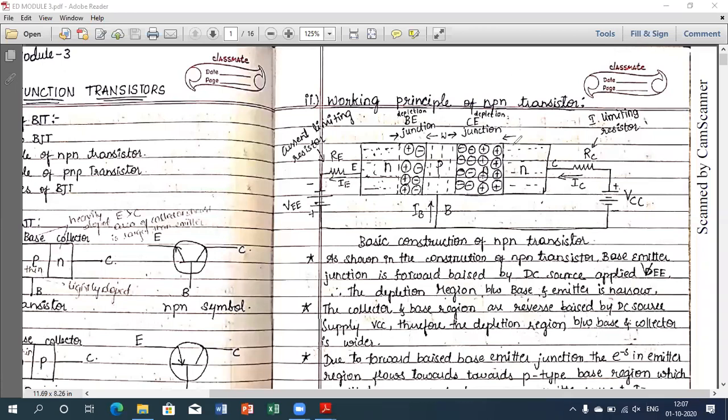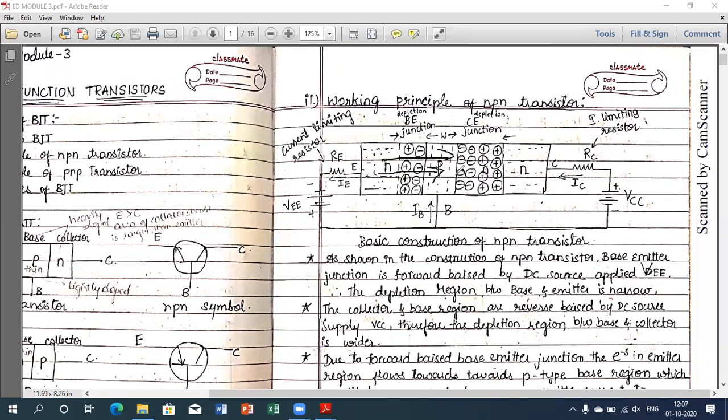Now we'll come to the next thing. As we know, emitter to base is forward biased. Therefore, in the emitter, the charge carriers are electrons, because it is heavily doped N type, so the majority charge carriers are electrons. Electrons start moving from emitter to base. This is the direction.